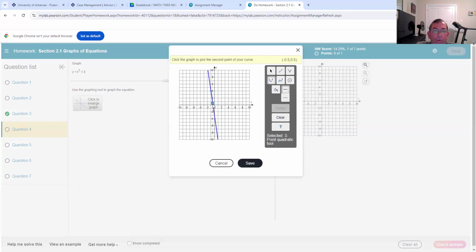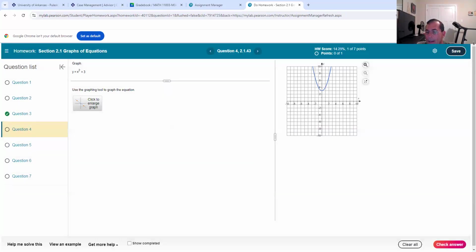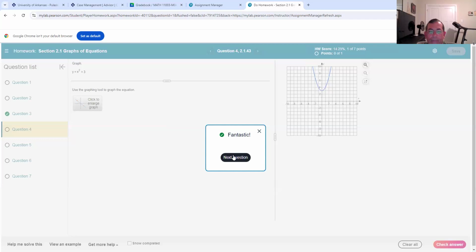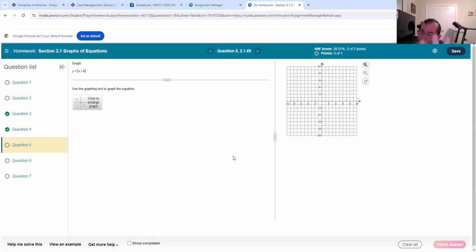What we have next? 0, 3. So starting at 0, go up 3. And then we had right 1, up 4. Okay, y'all, then you what? Save that and check your answer. So it's not too bad once you get the hang of the Math Lab, okay?